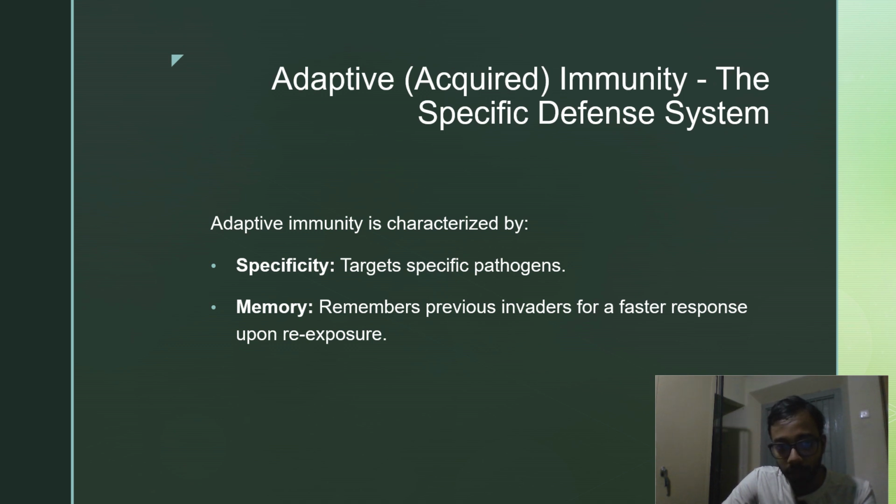Specificity means it targets specific pathogens, unlike the innate immune system, which is non-specific. And the innate immunity did not have memory, but this adaptive immune system is characterized by memory. That means it can remember previous invaders for a faster response upon re-exposure.